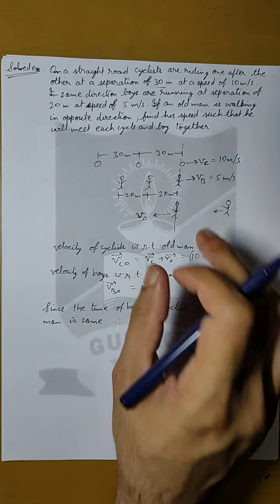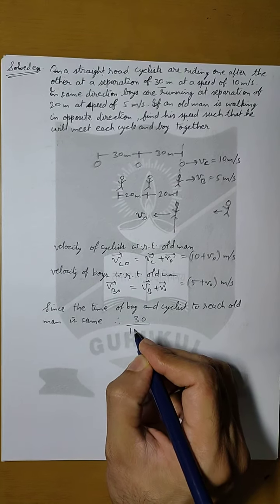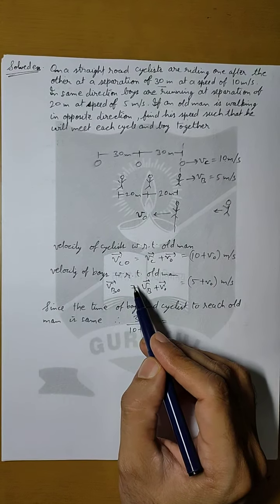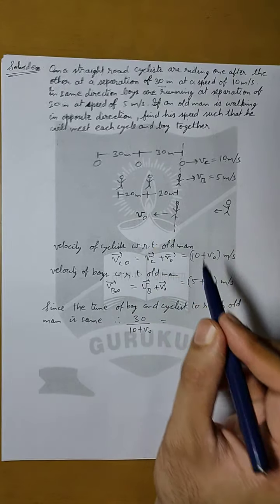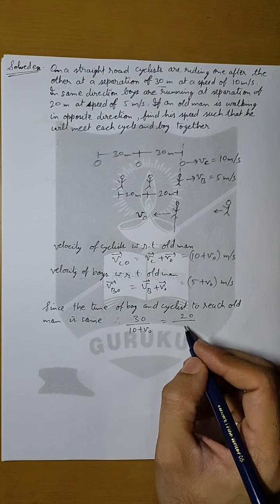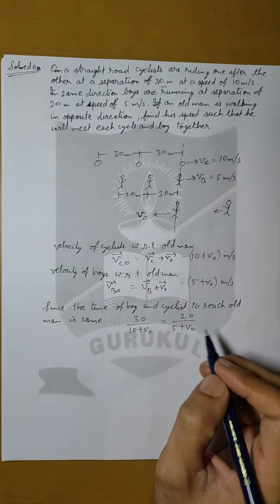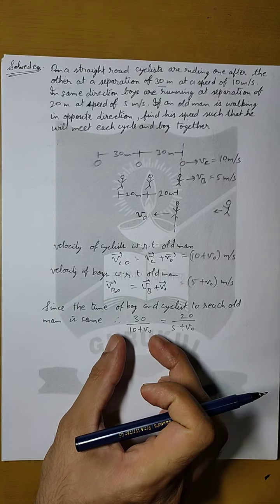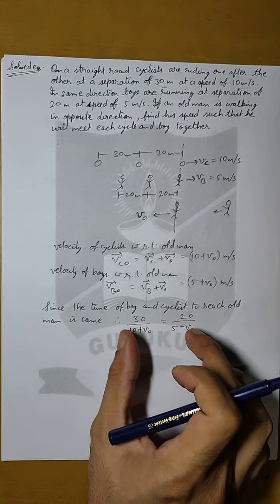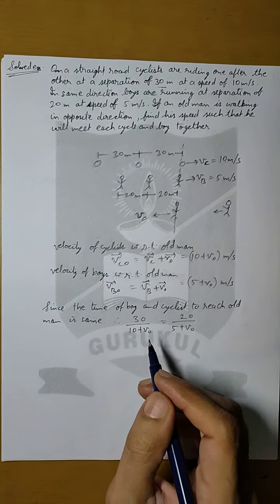It has to cover 30 meter with this velocity. So it will be 30 upon 10 plus VO, and this time is equal to the time taken by the boy. Time taken by the boy will be 20 meter distance upon velocity, so 20 meter upon 5 plus VO. This is the time taken by the cyclist to reach the old man, and this is the time taken by the boy to reach the old man, and both have to be equal according to the given situation in the question.